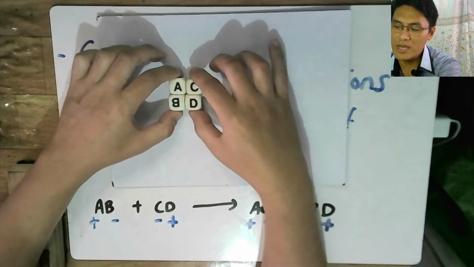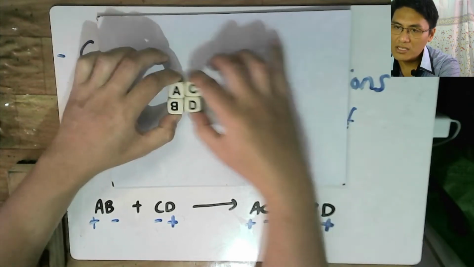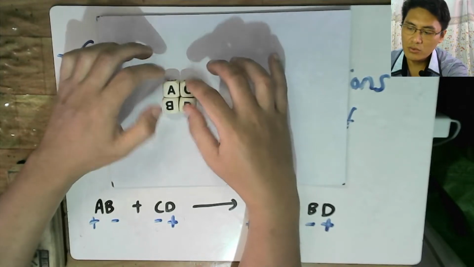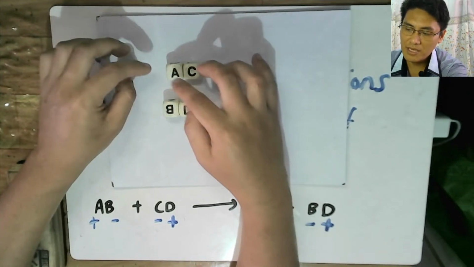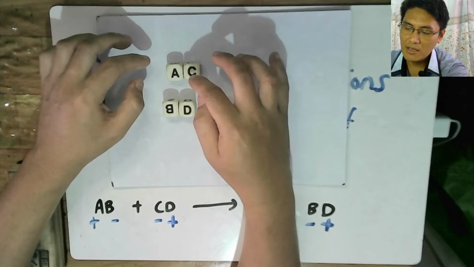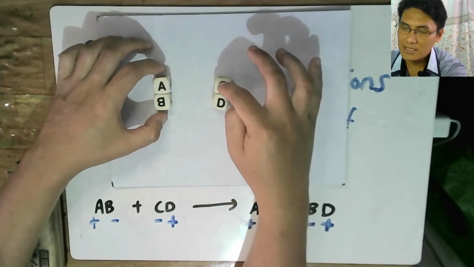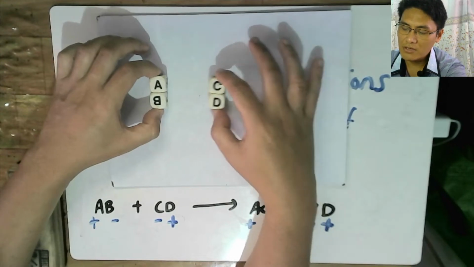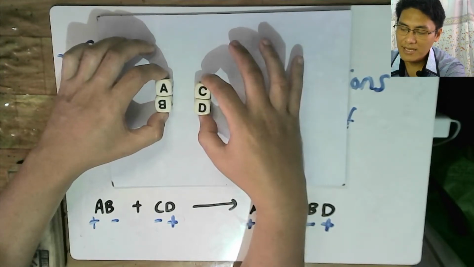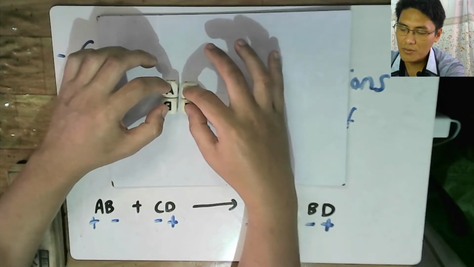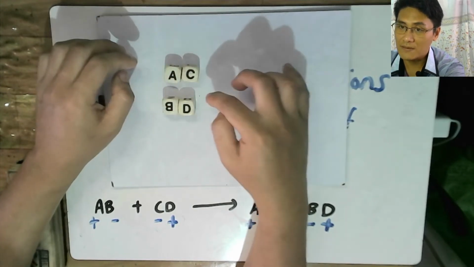That collision would not have enough energy to break the original bonds between A and B and C and D. Because remember, originally A is connected to B and C is connected to D. So if the collision is weak, it will not be enough to break the bonds of A and B, and therefore not enough to switch the bonds to A, C, B, D.